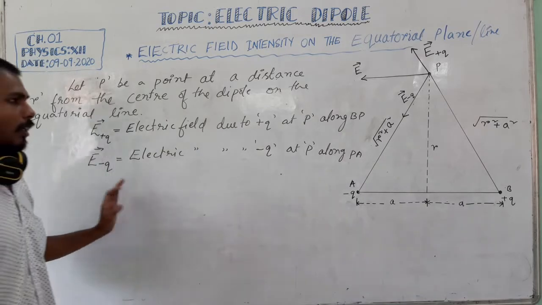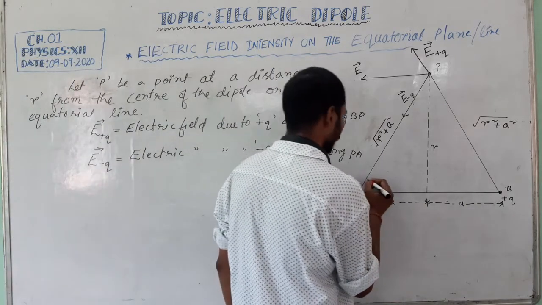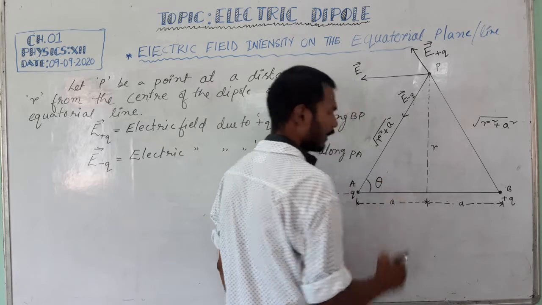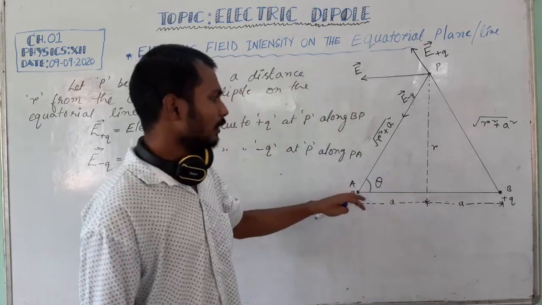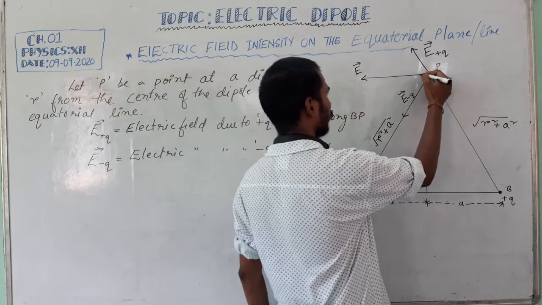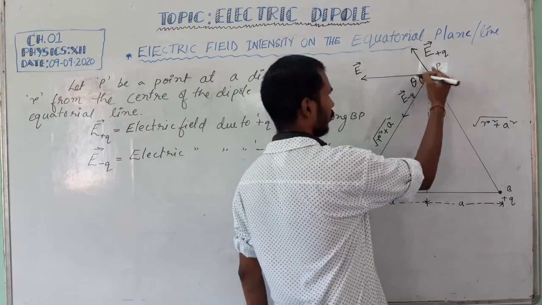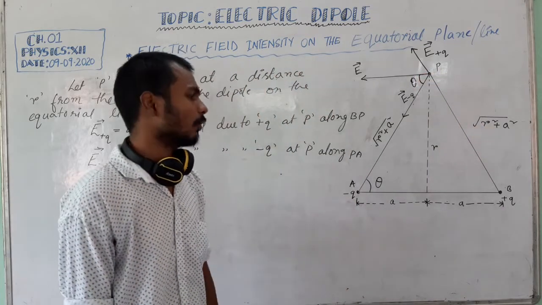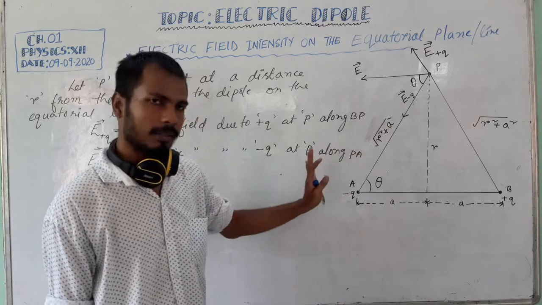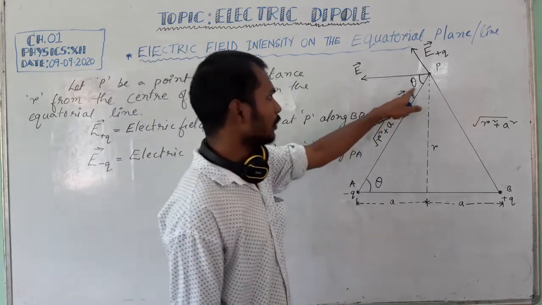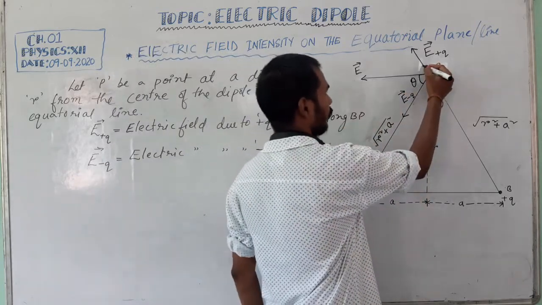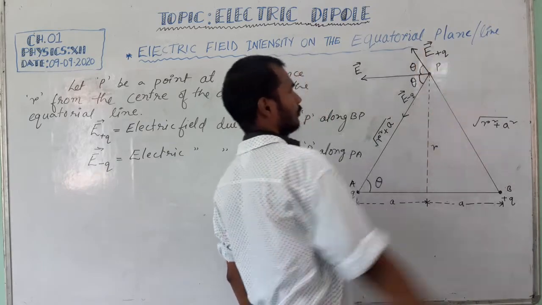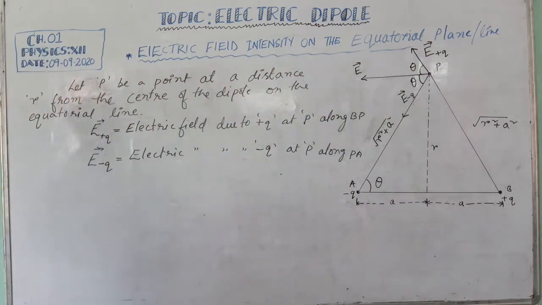Now next, let us consider this angle as theta. This angle is theta, and then this angle is also theta, because they are alternate interior angles. Okay, clear now? If this is theta, then this is also theta. Getting my point.